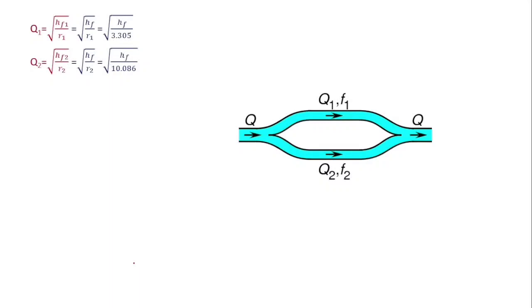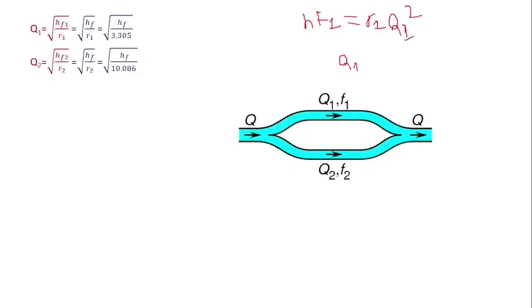So Q1 is written under root HF1 divided by R1, because we know HF1, frictional head loss at pipe 1, is R1 times Q1 square.